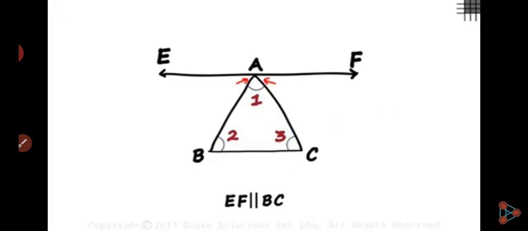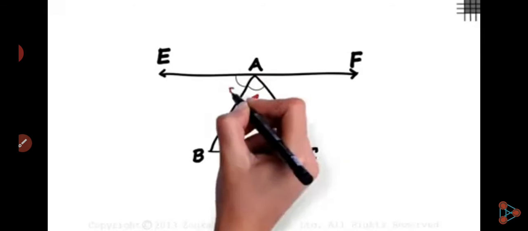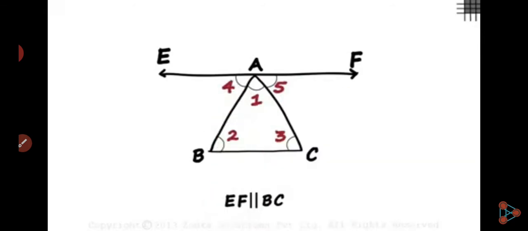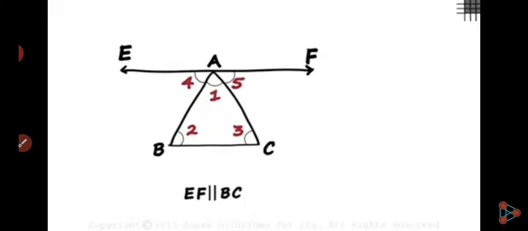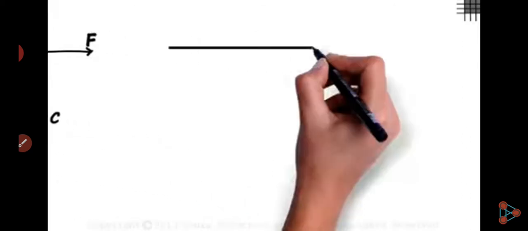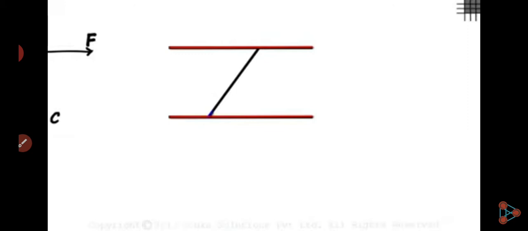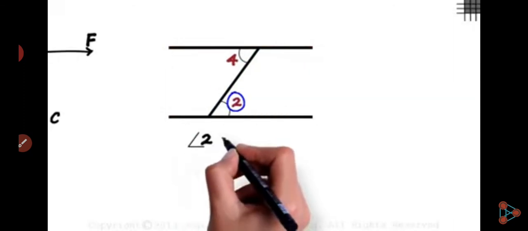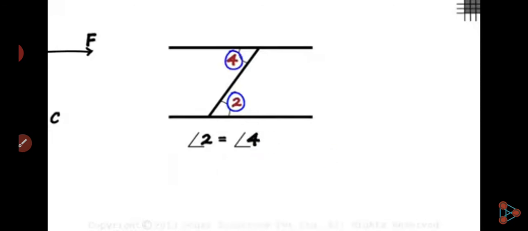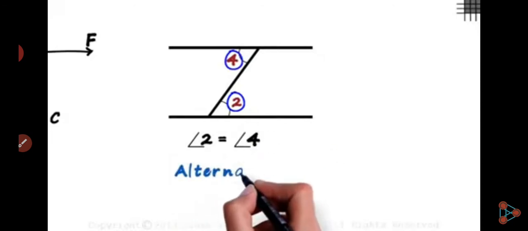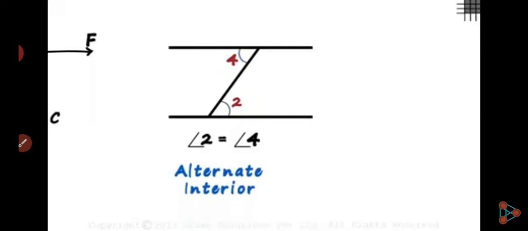The sum is 180 degrees. Now see angle 4 and angle 5. These are transversals, meaning angle 4 and angle 2 are equal because they are alternate interior angles. If two lines are parallel, then alternate interior angles are equal.